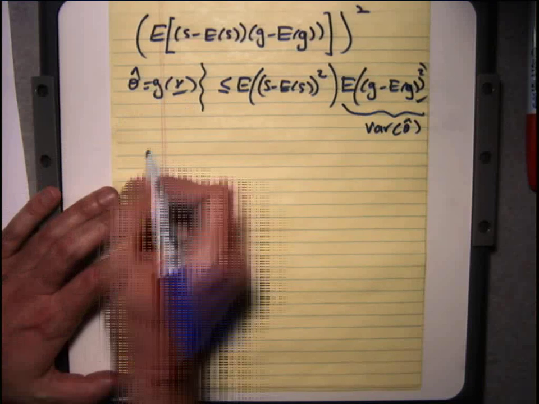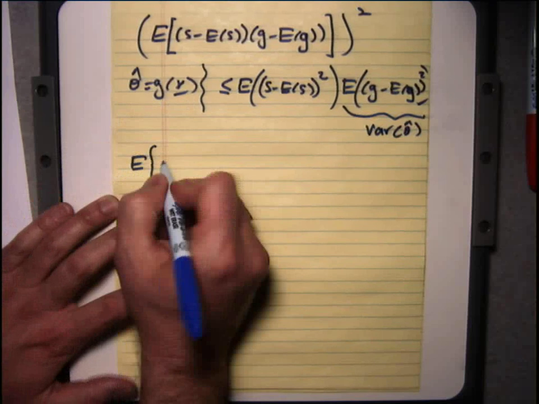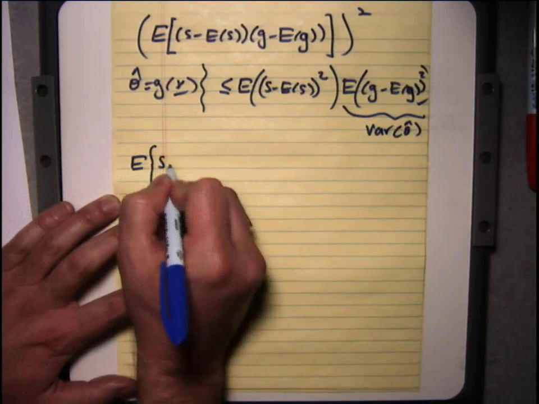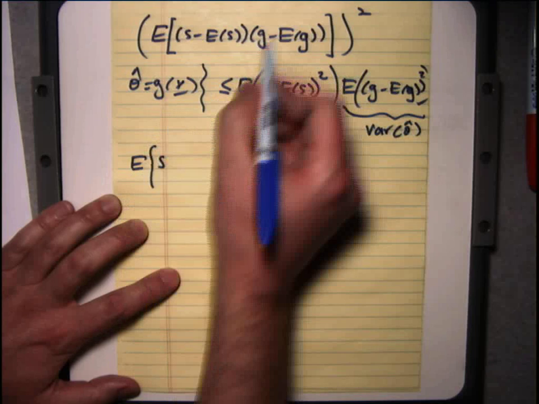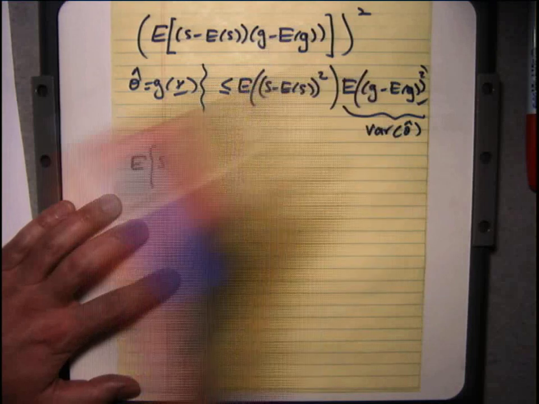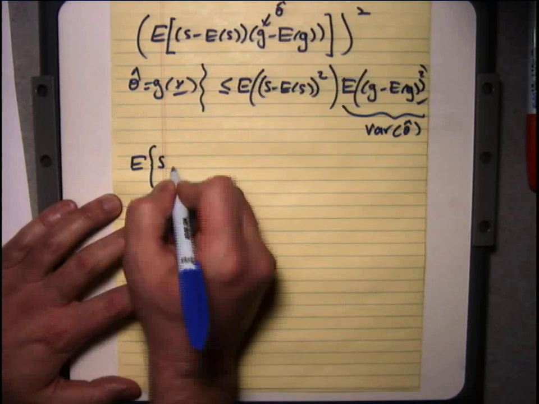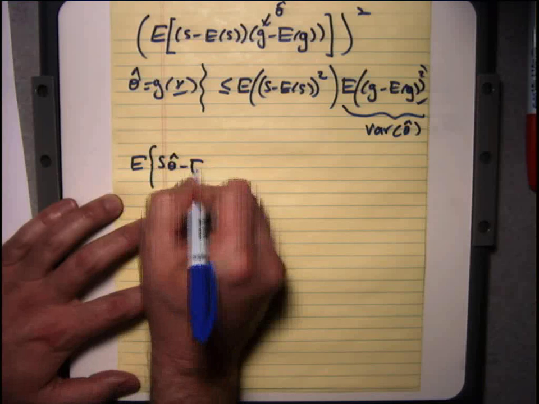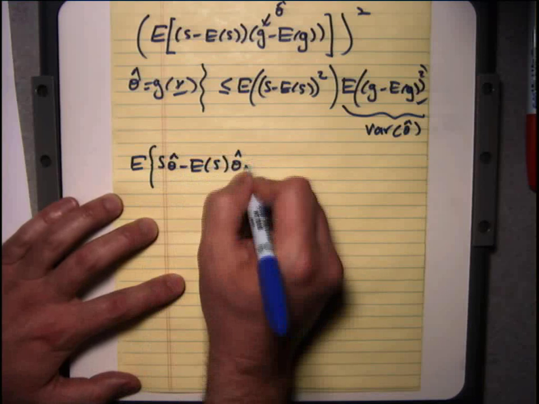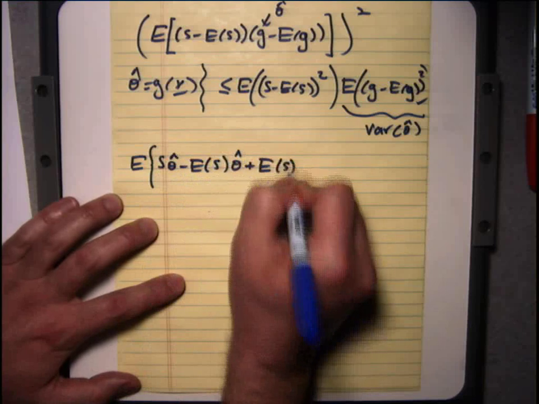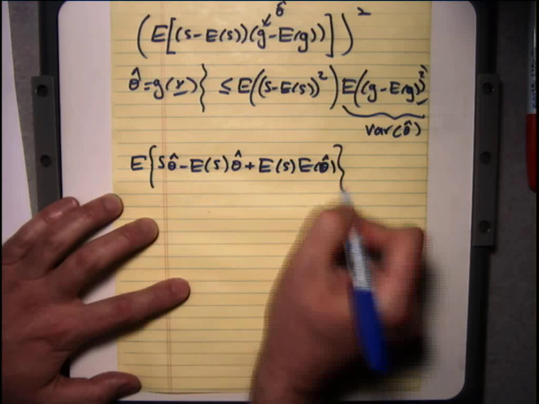Let's rewrite this. Let me go back to writing this as theta hat, because I think I've already confused you by rewriting g as theta hat. So the expected value of s times theta hat minus the expected value of s times theta hat plus expected value of s, expected value of theta hat, and then this whole thing squared.